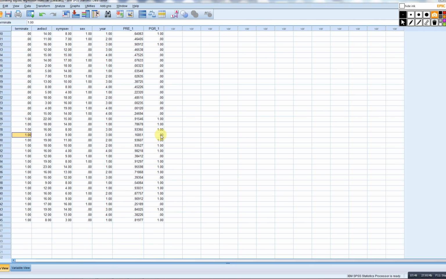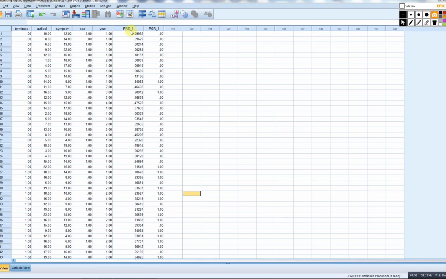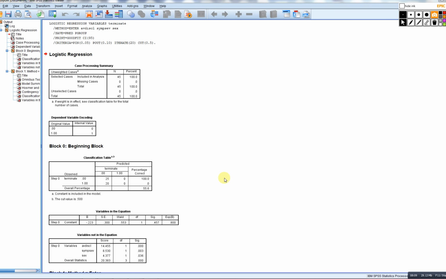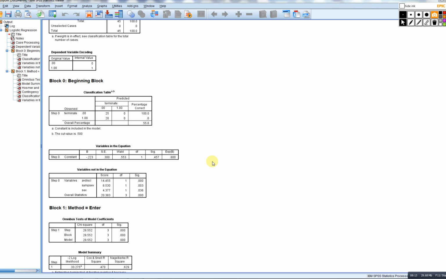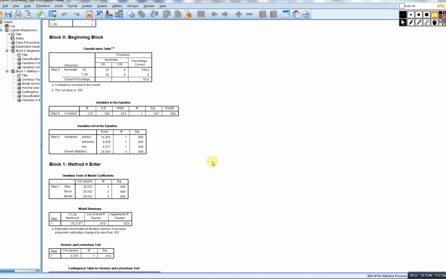But in large part, just eyeballing the predicted values and the predicted group memberships, it looks like we have decent prediction taking place, but it's usually better to discuss that using more summary measures.